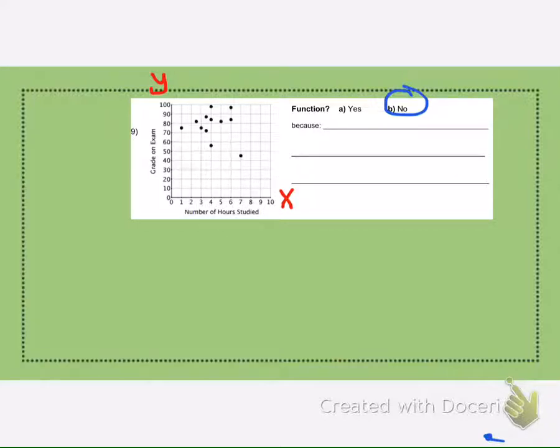If I use the vertical line test here through 6 hours, we could see it has a point here and here. So when the number of hours studied is 6, for instance, it doesn't have one output. Also, for example, when the number of hours is 4, it has a point here, here, and here. It crosses 3 times.